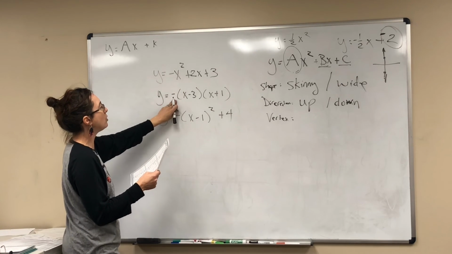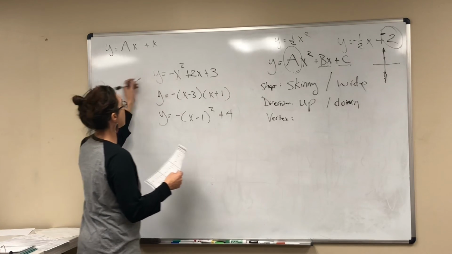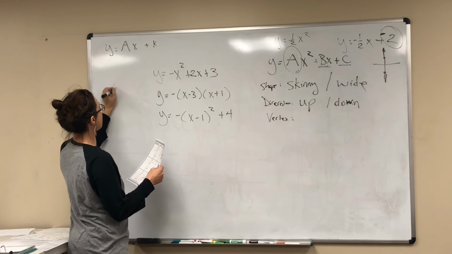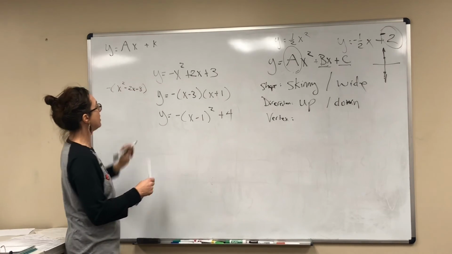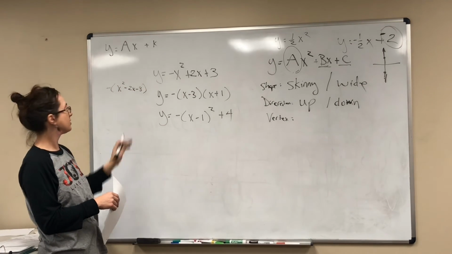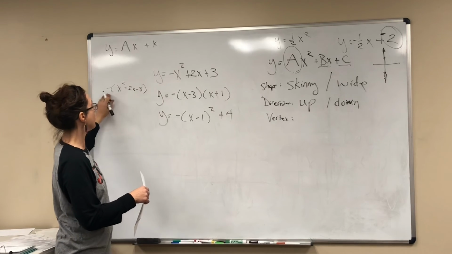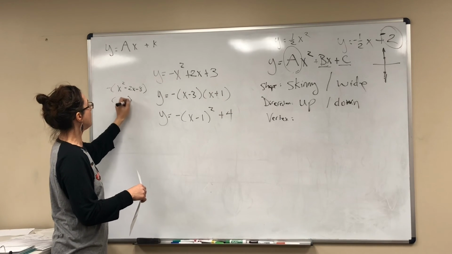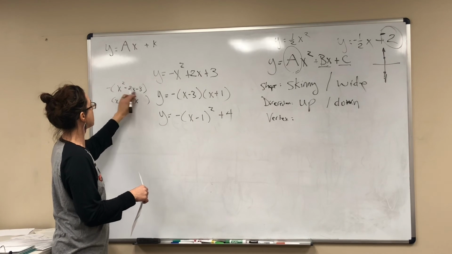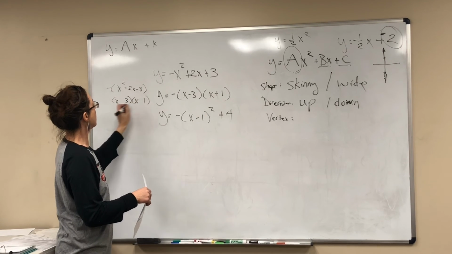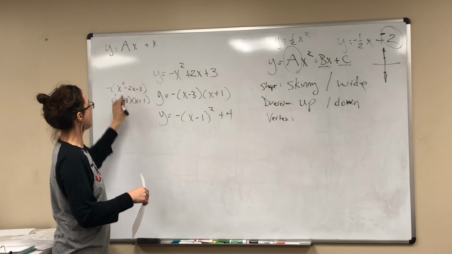When they removed the negative, let's see, how did they really do that? If they remove a negative, they end up with x squared minus 2x minus 3, correct? Because we've removed it from all of them out to the front. And then we can factor x squared minus 2x minus 3 into x, a 3 and a 1, a negative and a positive.